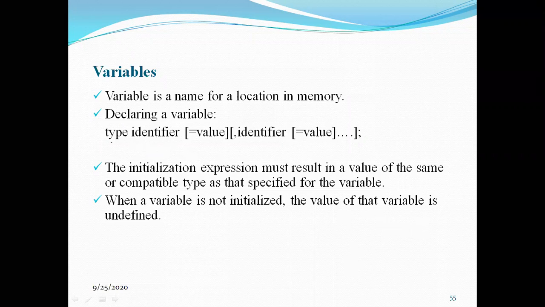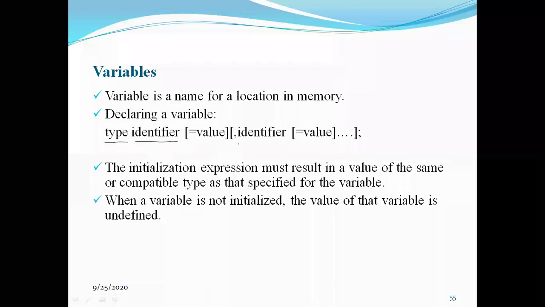We are storing an integer or float value, so the type takes integer, float, or date types, and then the name of the variable. Variables are also called identifiers. A variable's value can be changed during program execution, but a constant value cannot be changed throughout the program.